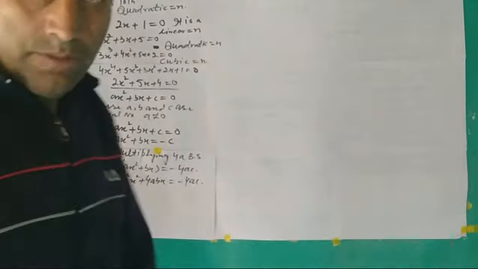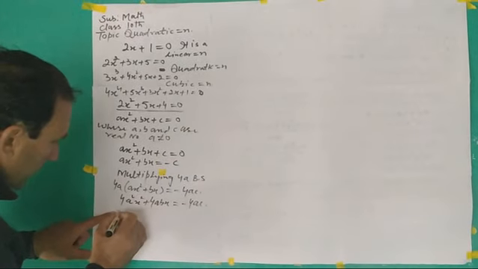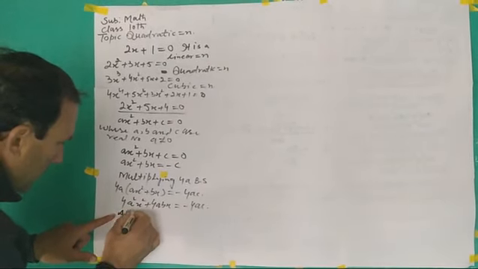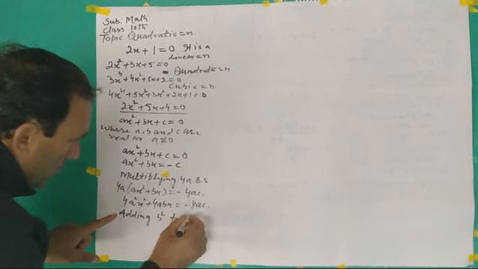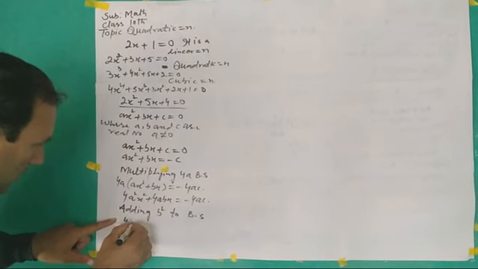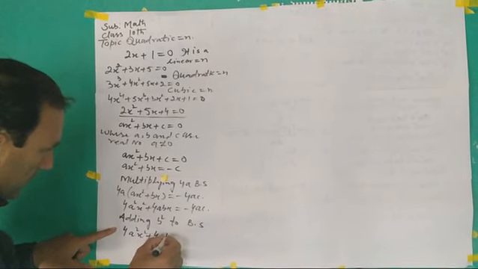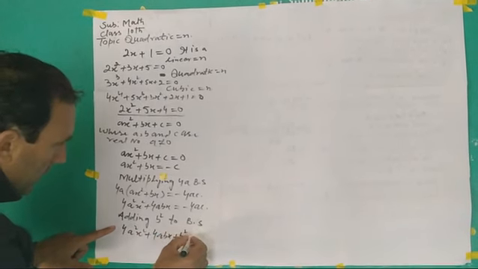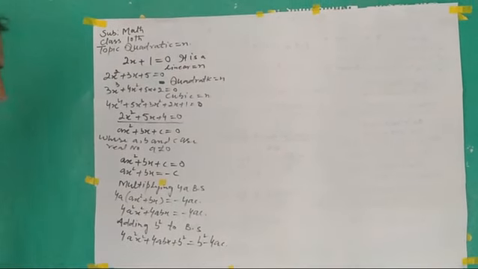Adding b square to both sides. So we have to write here adding b square to both sides. This is 4a square x square plus 4abx plus b square is equal to b square minus 4ac.